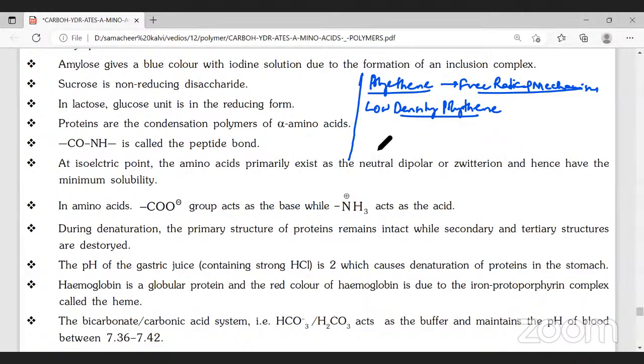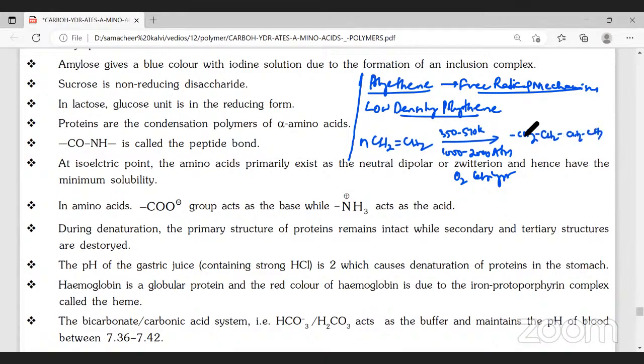If we take a monomeric unit, ethene is the monomeric unit. If we take n moles of ethene and heat it at 350 to 570 Kelvin at around 1000 to 2000 atmospheres, the pressure is very high, and in the presence of oxygen as a catalyst, we get a polymer, CH2-CH2-CH2-CH2, which goes on like this.